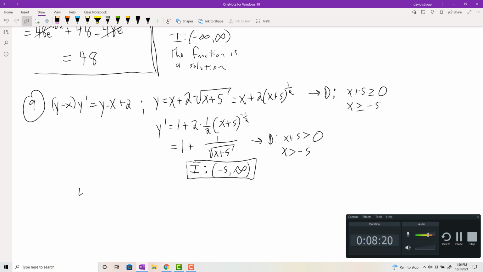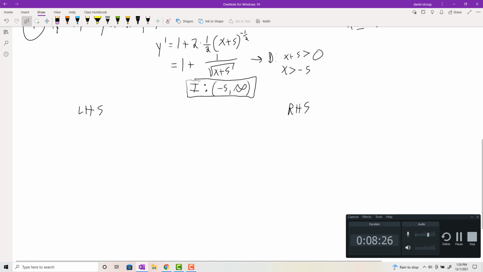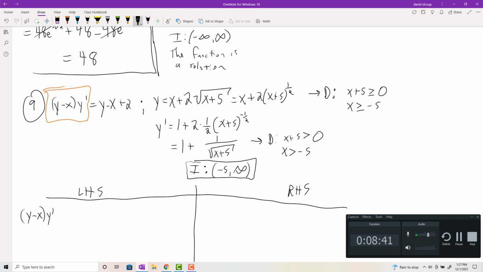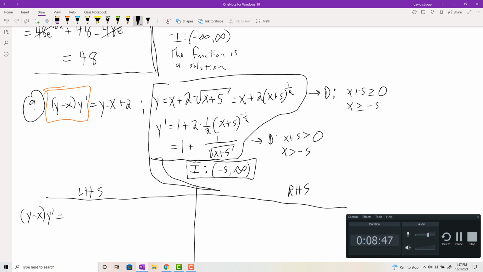Okay. From there, we can go to the left-hand side, right-hand side stuff, and get that out of the way. So on the left-hand side of your differential equation, I have y minus x times y prime, substituting in the given information, which is this stuff right here.